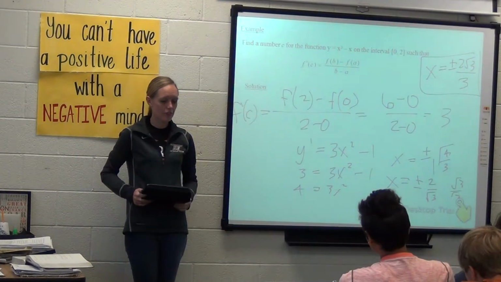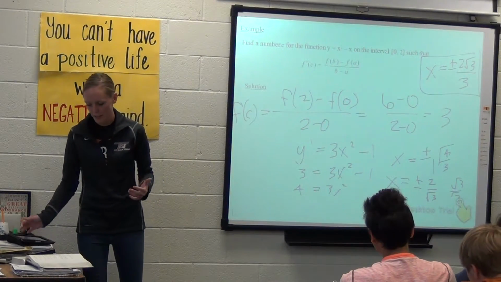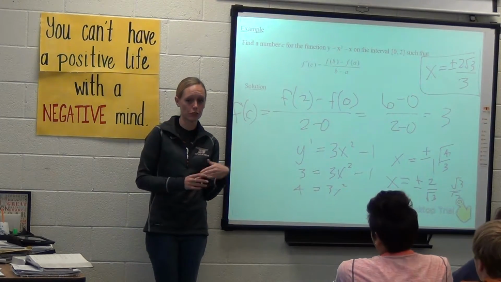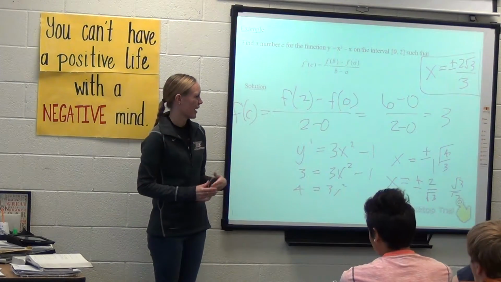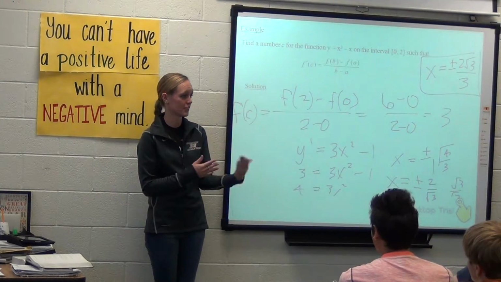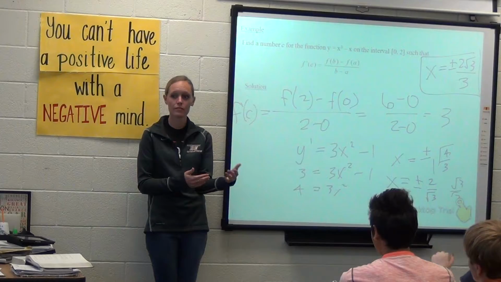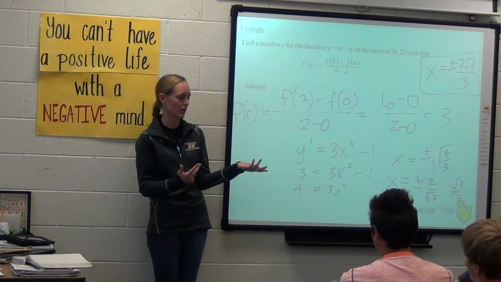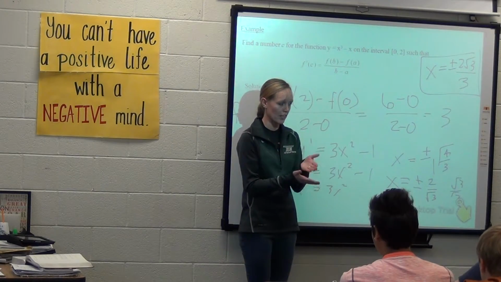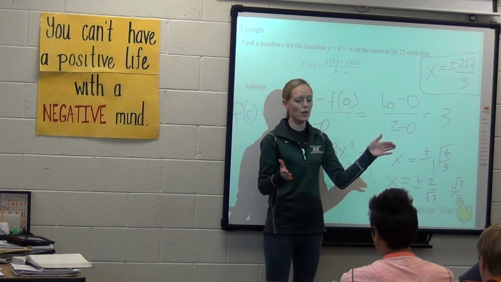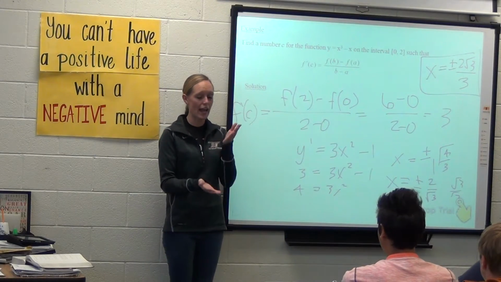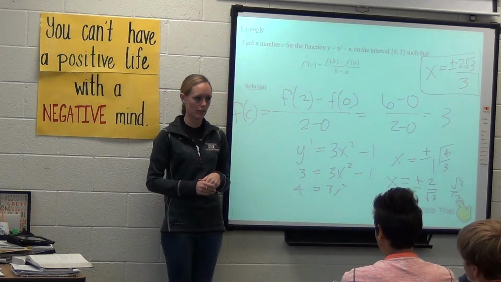Kind of a real life thought process of what's happening here. If I'm going to take a trip to California, and California is like 300 miles away, if I get there in 5 hours, I know that I went an average of 60 miles per hour, right? If 60 miles per hour was my average speed, then at some point in those 5 hours, I had to have been going 60 miles per hour.